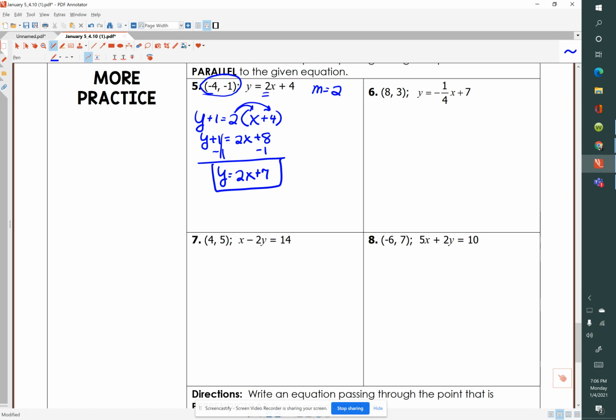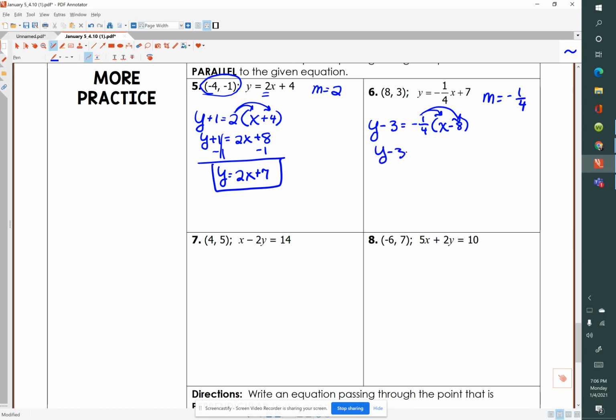All right, number 6. Our slope is -1/4, and our point is 8, 3. So we'll start with the point slope formula. Y minus 3 equals -1/4 times the quantity of x minus 8. Let's distribute.